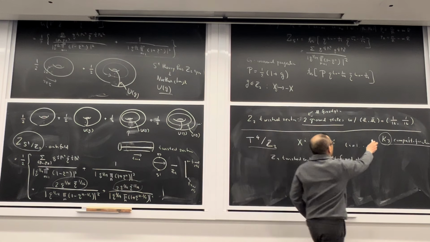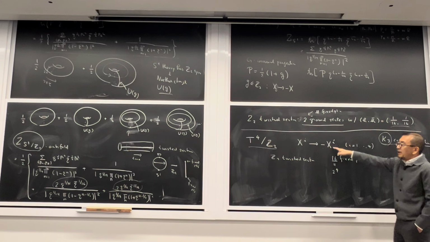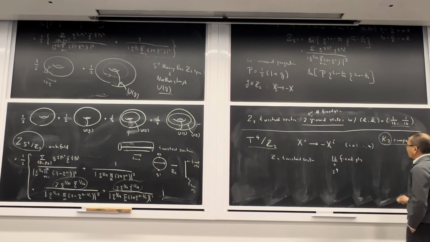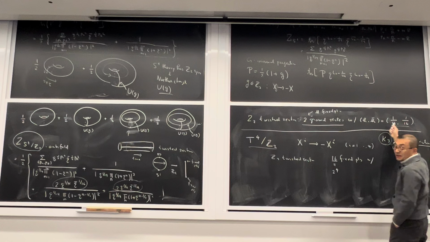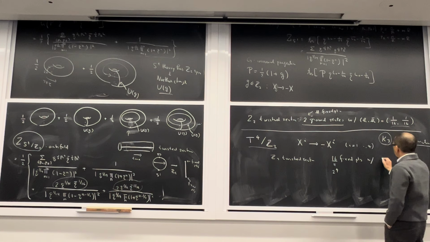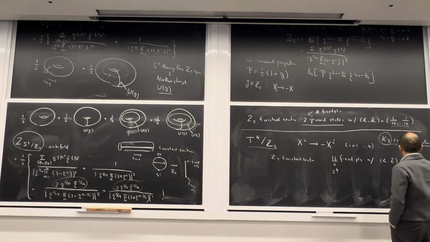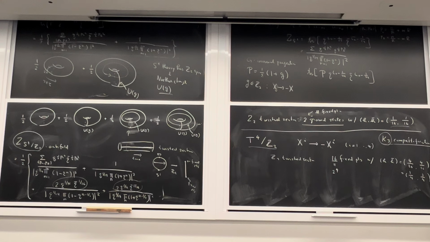Each has conformal dimension 1 over 16 in each one of these directions. But the conformal weights add up, because for each direction you have 1 over 16, but there are 4 of them. So therefore, H and H bar are equal to 4 over 16, 4 over 16, which is 1 quarter. So for the twisted sector, you have 1 quarter and 1 quarter conformal dimension, and there are 16. Okay.